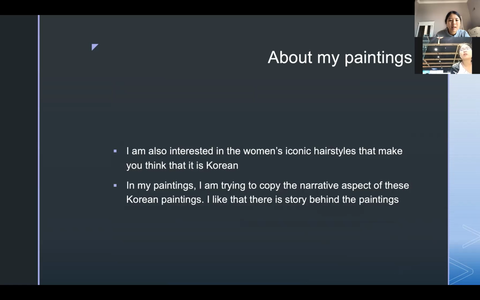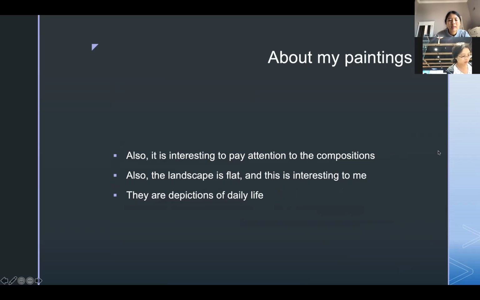In my paintings, I am trying to copy the narrative aspect of these Korean paintings. I like that there is a story behind the paintings. Also, it is interesting to pay attention to the compositions. Also, the landscape is flat, and this is interesting to me. They are depictions of daily life.